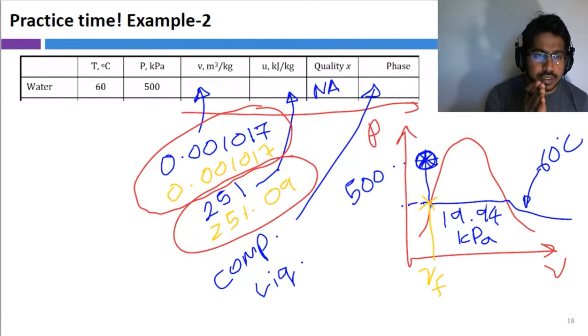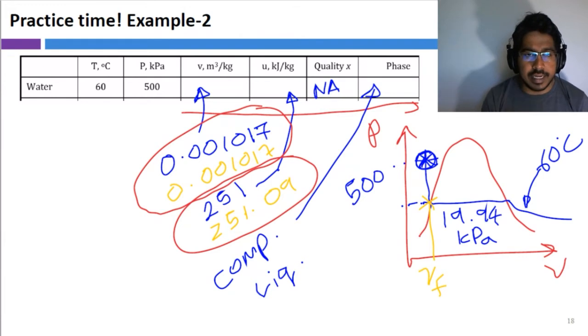It applies for specific volume and internal energy both. We'll see whether it's true for the coming properties as well, like enthalpy and entropy. But for now, we know that for specific volume, even if you use the compressed liquid tables, or use saturated tables and stick to Vf and Uf, you will get the same answers. Am I making sense? Is it clear?